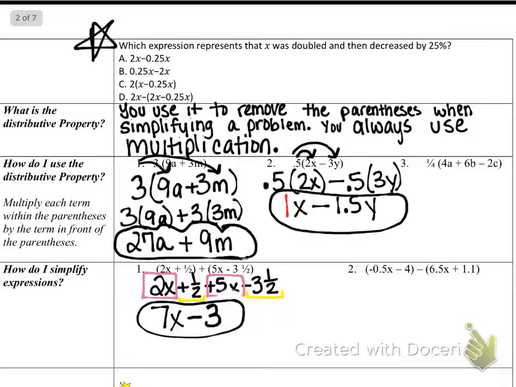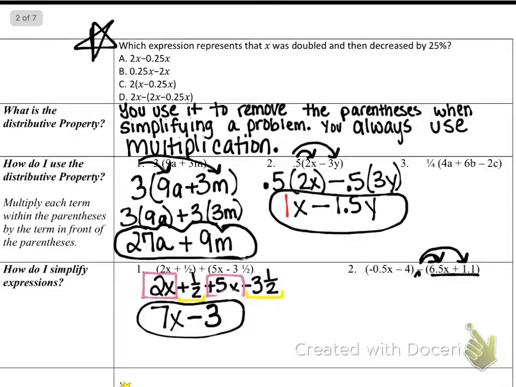Here, the difference in this one is a subtraction sign. This is a subtraction problem. When I multiply a negative times a positive, it becomes a negative. So when I rewrite it, I need to make sure the signs here change.